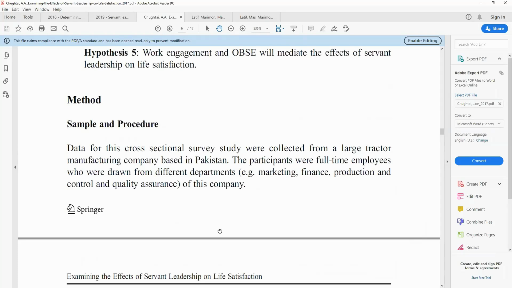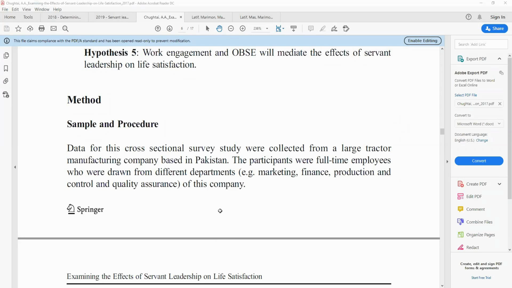So when you are proposing your own study, you are focused that, okay, these relationships have been evaluated. And then in the results section, you focus on whether or not these hypotheses were substantiated or supported. So this will help you in writing your own study.